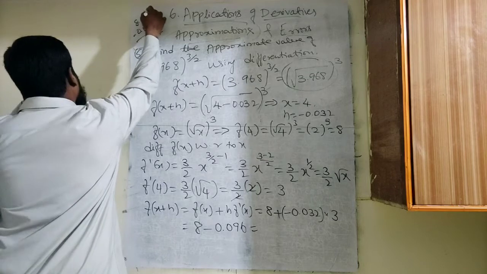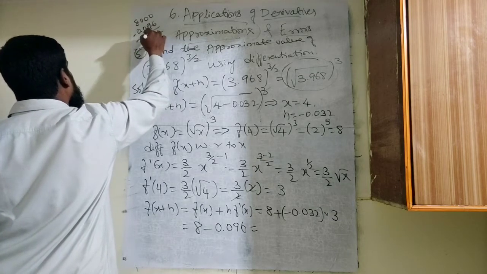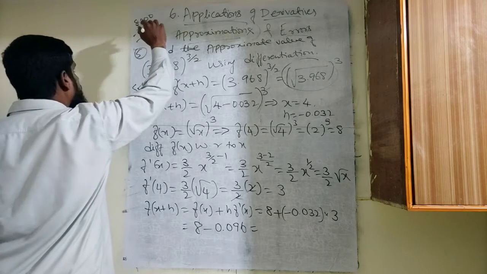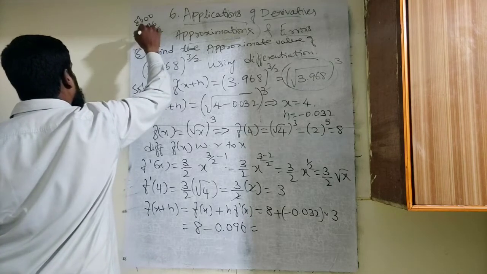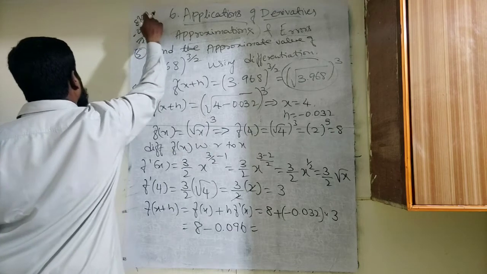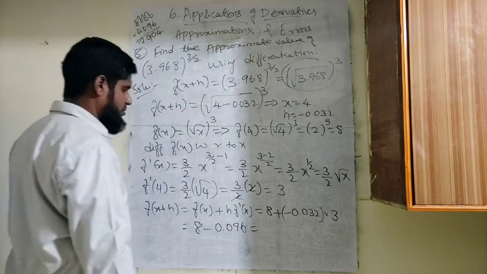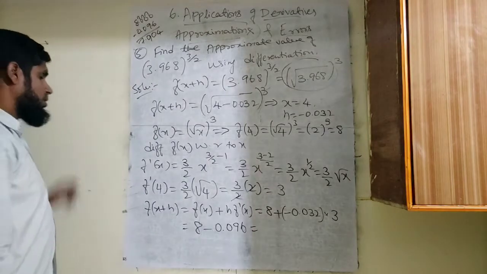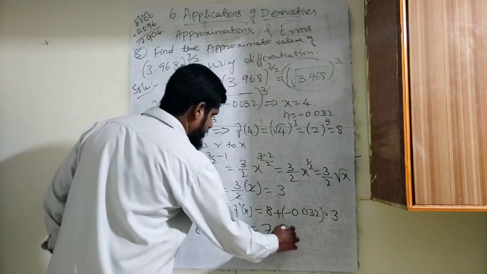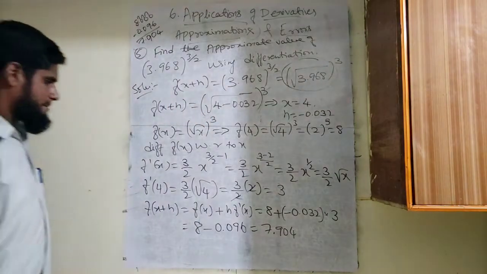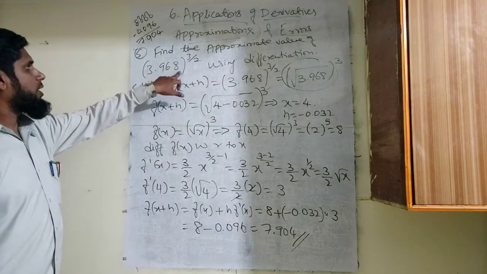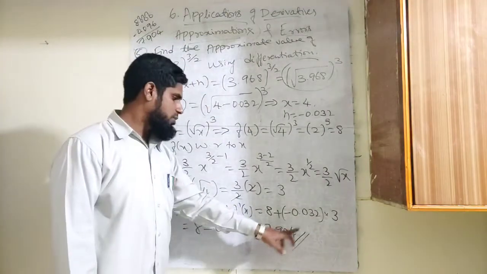So the answer is 7.904. So students, the final answer for 3.968 whole power 3 by 2 is 7.904.